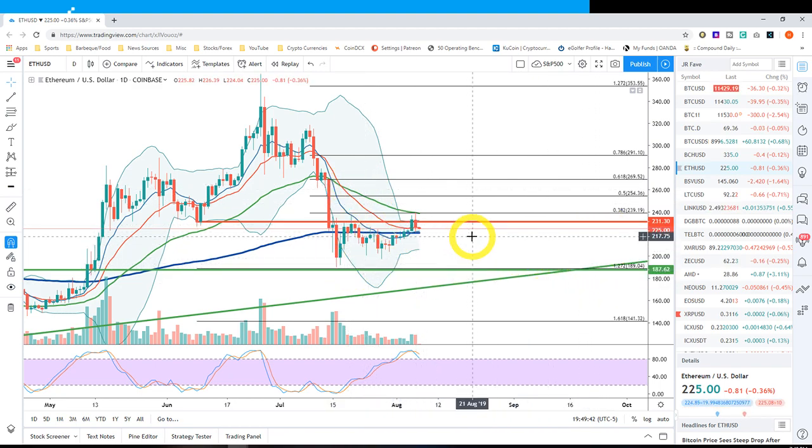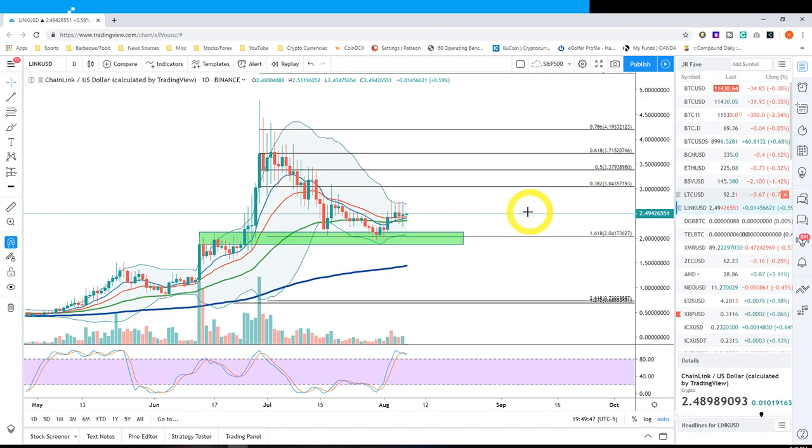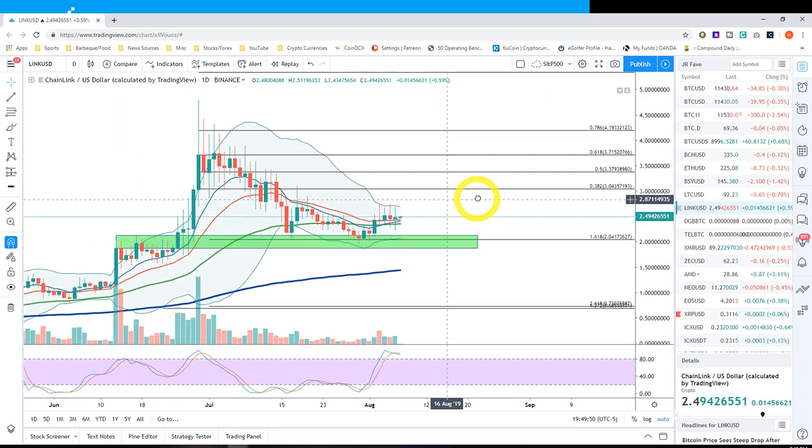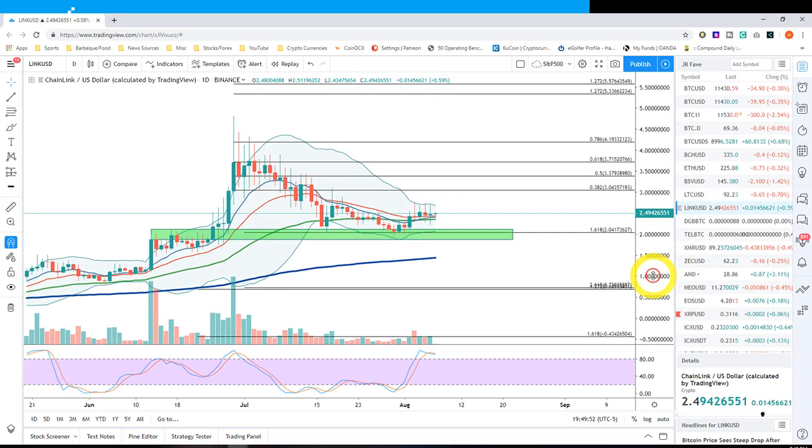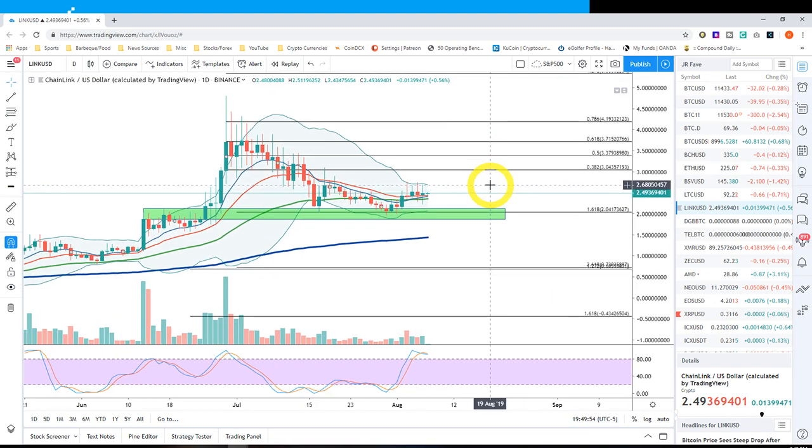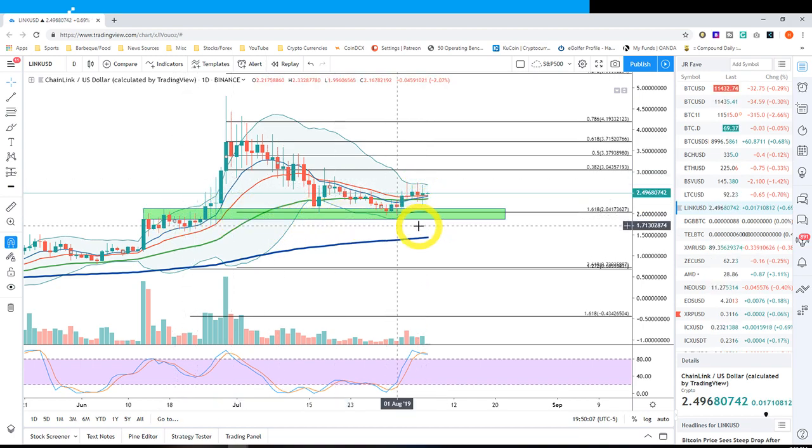All right. Let's see. Any other chart requests? Let's go look at... oh, that's right, since I'm long on Link. I really expected by now that it might have come up into the $3 area, but the Bollinger Bands are tight and it's right within the green zone.